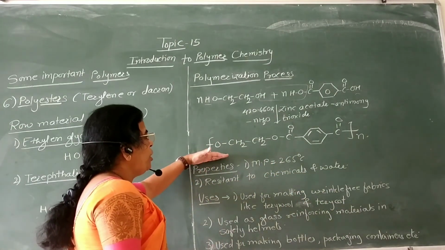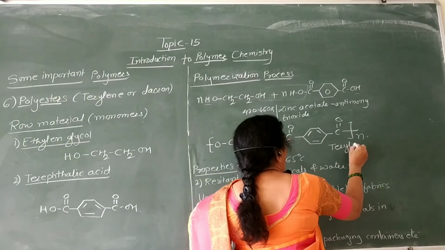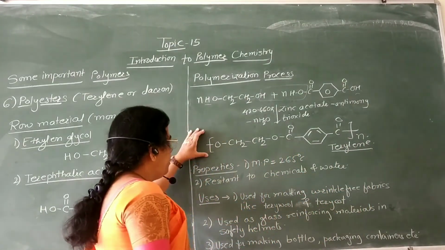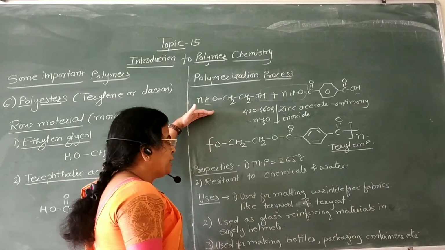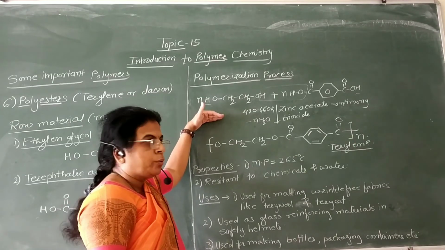This polymer is terylene or dacron. This is the formation of terylene fiber. This polymerization takes place according to the condensation polymerization process.